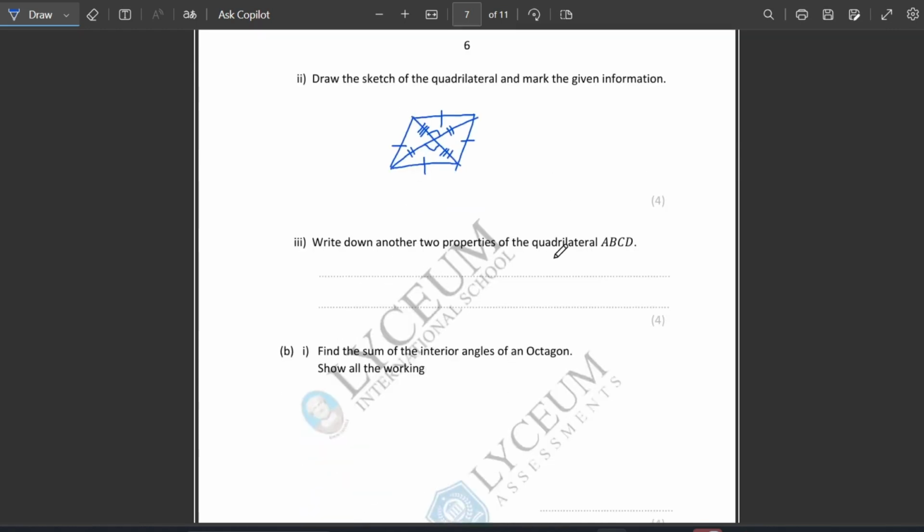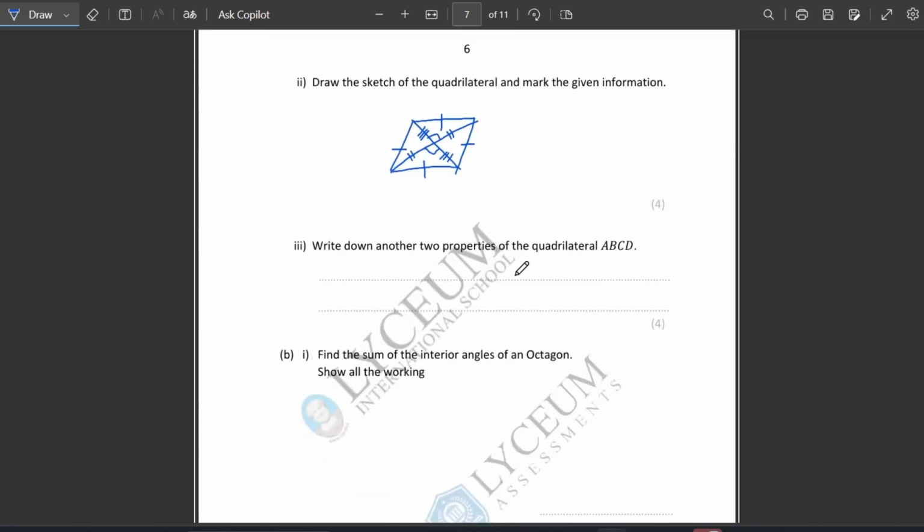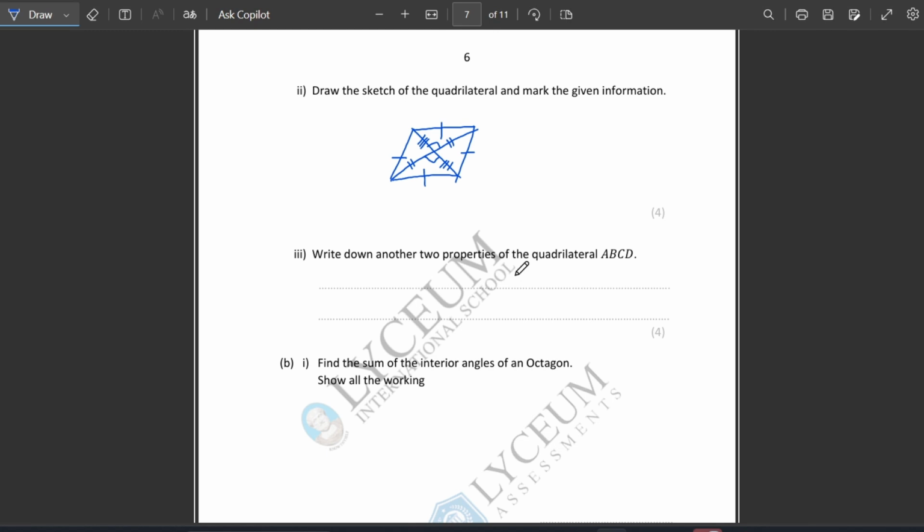Write down another two properties of the quadrilateral ABCD. We can say opposite interior angles are equal.